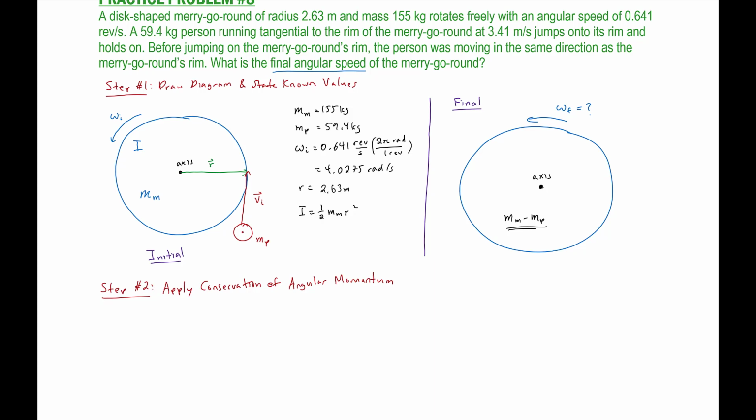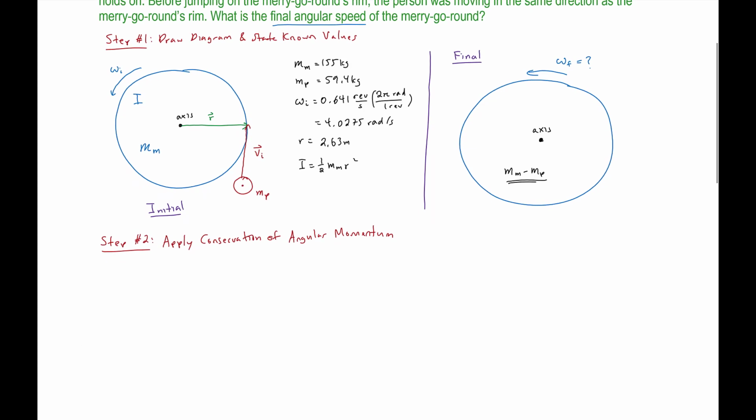Initially, the angular momentum of the disk can be in angular terms. So here, let's just write down Li is equal to Lf. And that means the total angular momentum initially and the total angular momentum in the final stage. We have two objects, so we must consider the initial angular momentum of the merry-go-round and the initial angular momentum of the person.